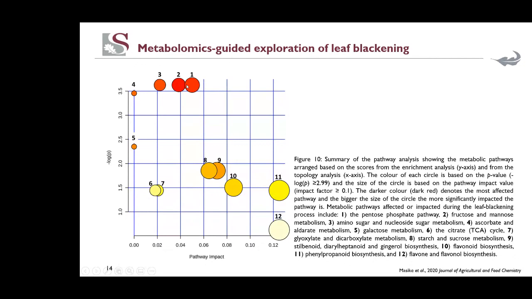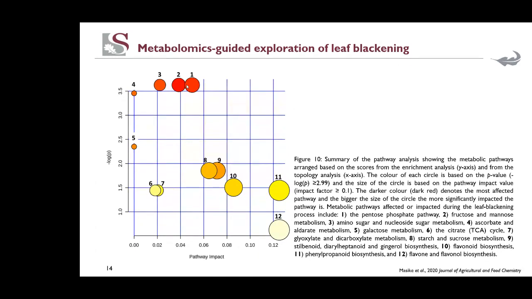Now, the affected pathways, which are the pathways linked to sugar metabolism, are interesting because initially in the introduction, I had mentioned that leaf blackening is associated with the reduction of the carbohydrate content, specifically sucrose.